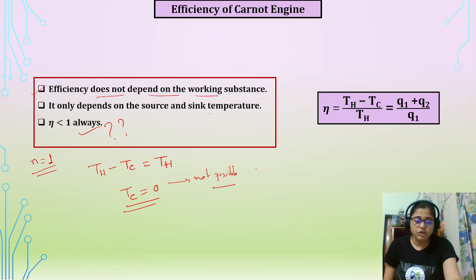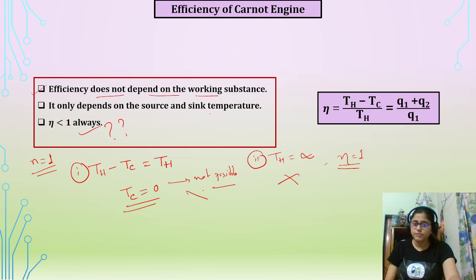Okay, and also if we take TH infinite, for that case also eta will be 1. But that is also not possible. Second case, that is also not possible. This is the first case, not possible. And the third case can be if TC equal to TH.